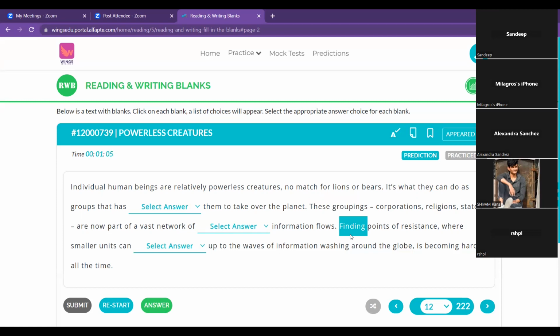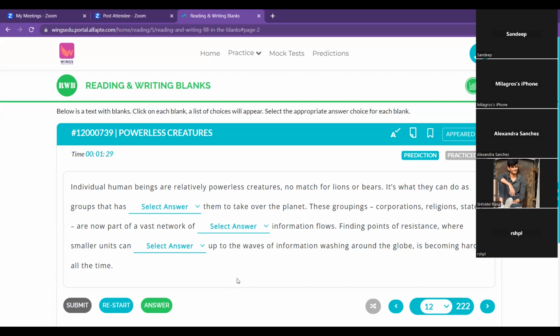Okay, Mila, you're reading. Individual human beings are relatively powerless creatures, no match for lions or bears. It's what they can do as groups that has them to take over the planet.